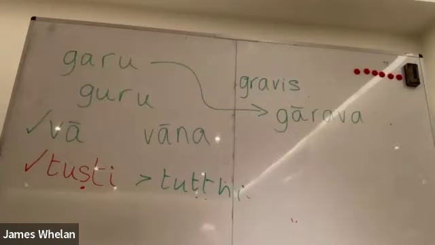So what does the root tush mean again? It means to be content. And with the prefix sam, again, it gives the idea of the perfection or completion of something, so like a perfect contentment.